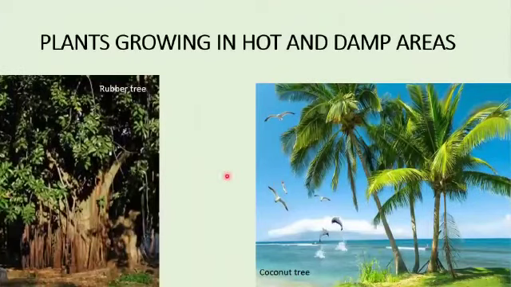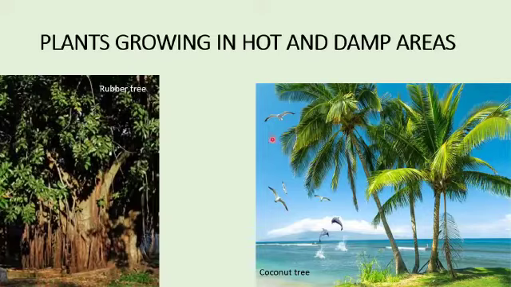Next category of the plants are the plants growing in hot and damp areas. You know, children, seacoast regions have hot and wet climate. Trees growing in hot and wet climate have many leaves. They do not shed their leaves in winter.